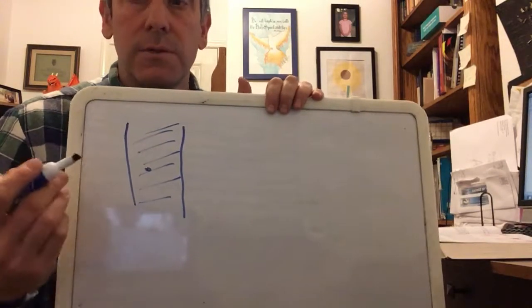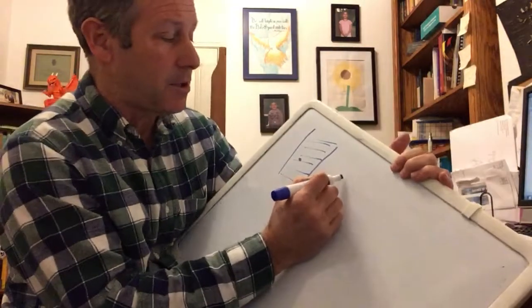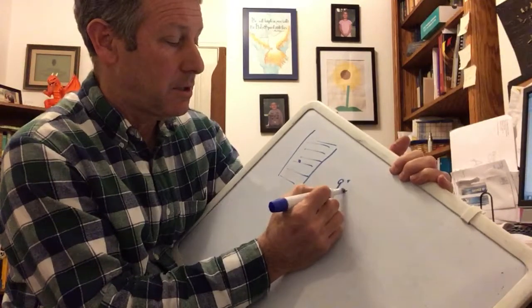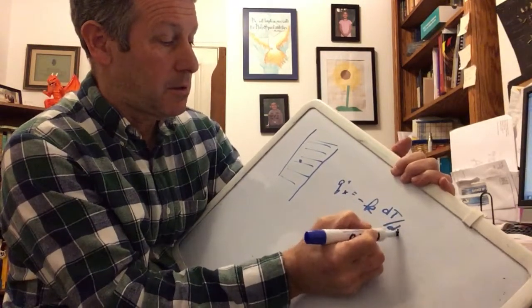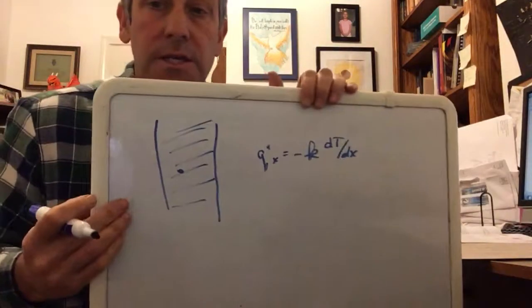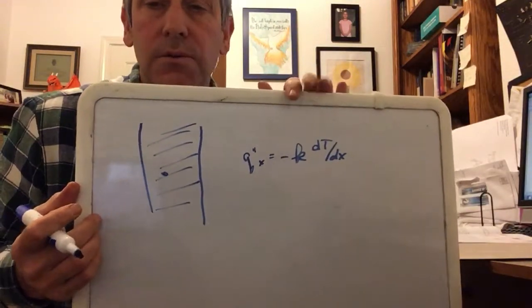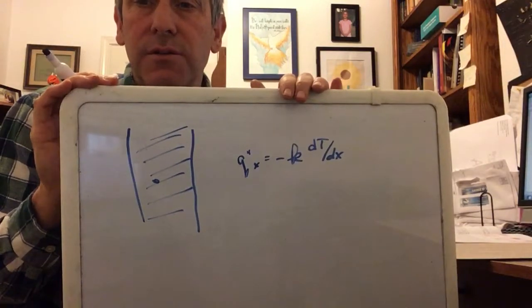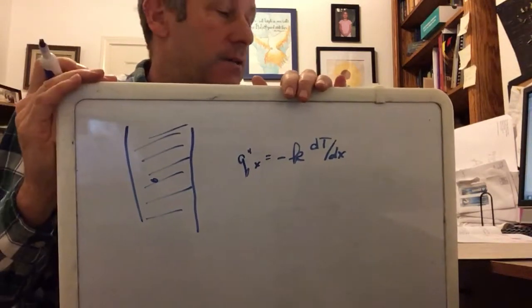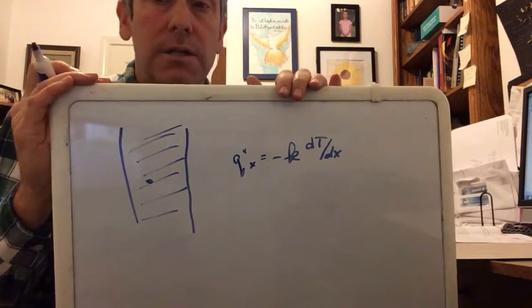And clearly it's conduction. We're inside a solid. So just a reminder, Fourier's law says that the conduction at that point is going to be equal to negative k times the rate the temperature is changing in the x direction. So that's a basic idea on conduction in the wall.